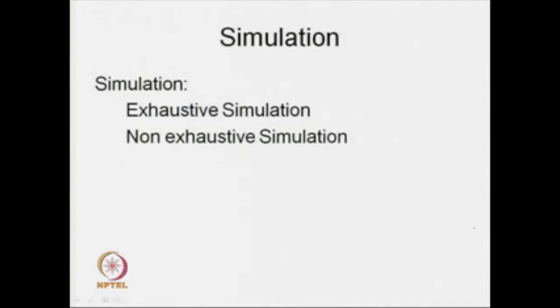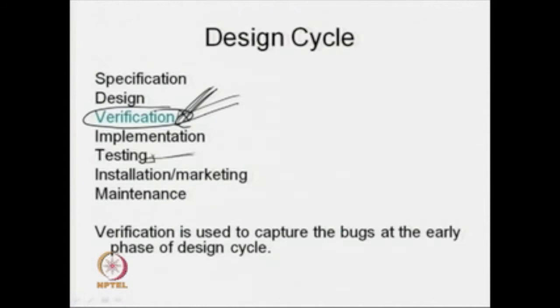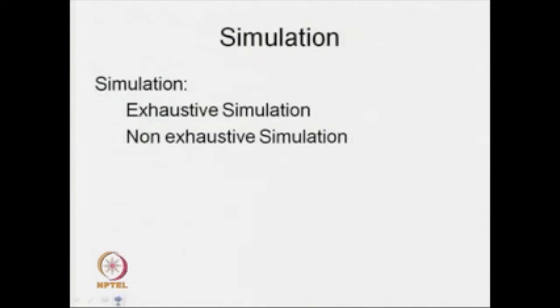Now, we are talking about verification. What are the different ways that we can do it, and whether it was there in the earlier phase or not? In most cases we have the notion of simulation. We simulate our entire device and check whether our design is correct or not.